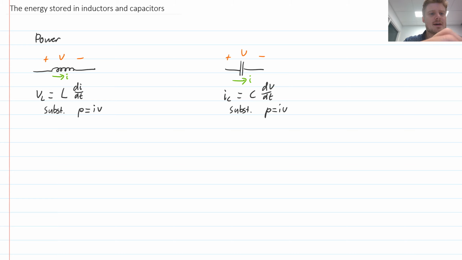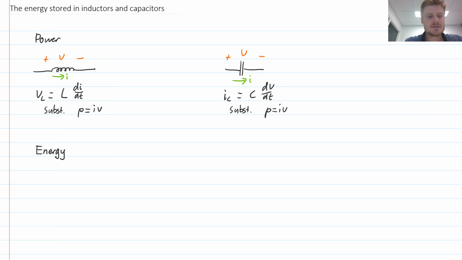Now another thing that is important to recognize is how much energy is actually stored in each of these elements. So power tells us about the rate at which energy is supplied or consumed, but energy itself, because we have a storage element, it's interesting to know how much energy is actually stored.